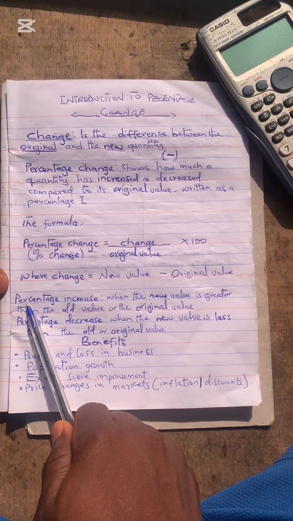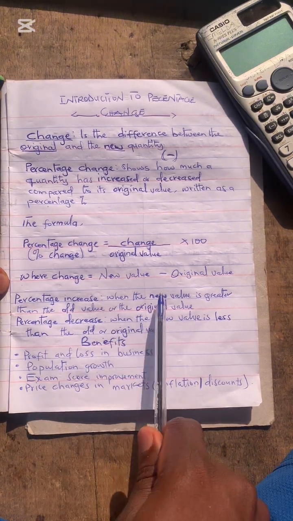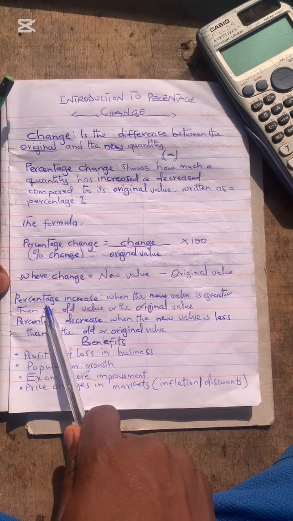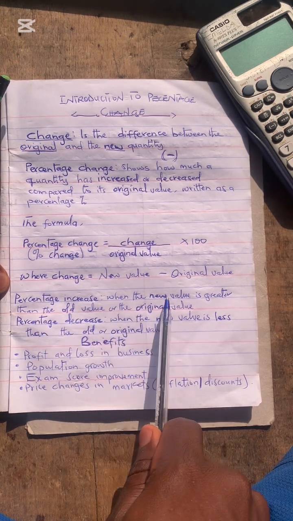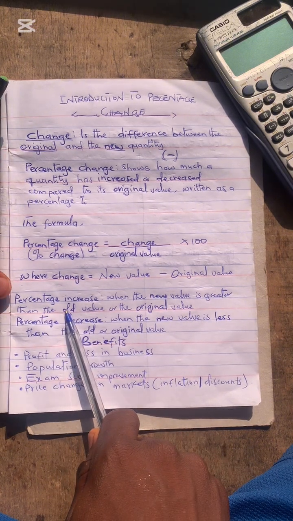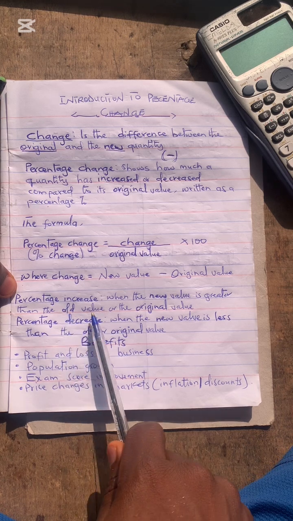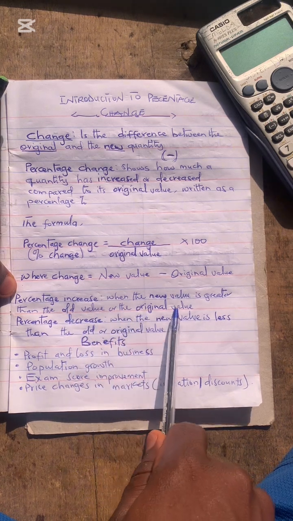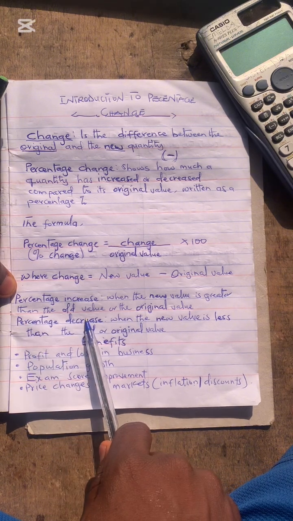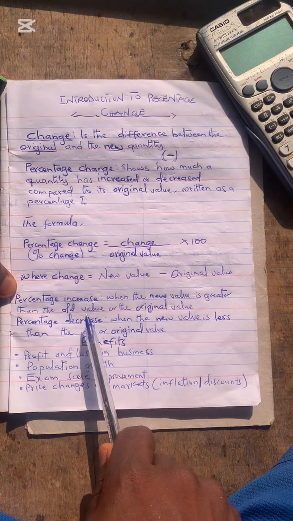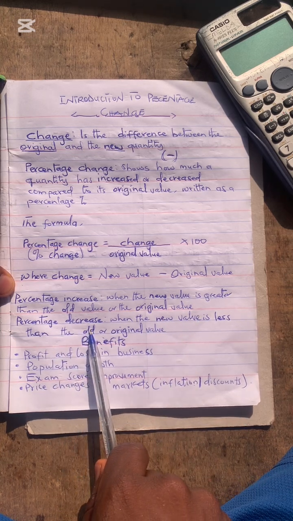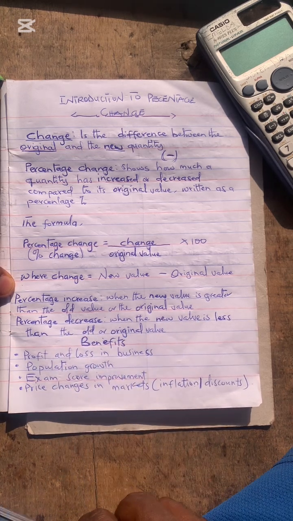Percentage change increases when the new value is greater than the old value. Percentage decrease also is when the new value is less than the old or the original value.